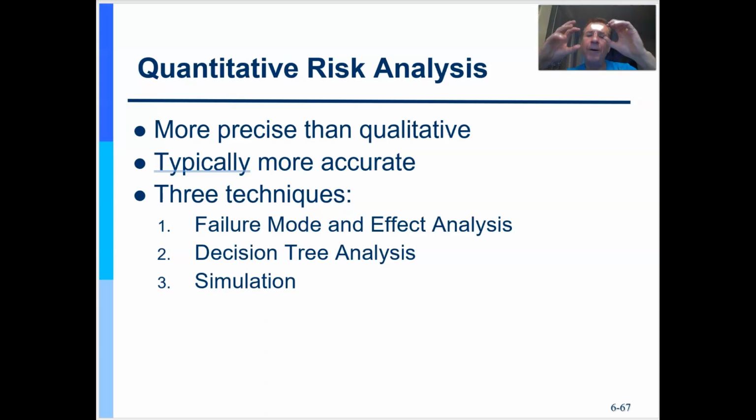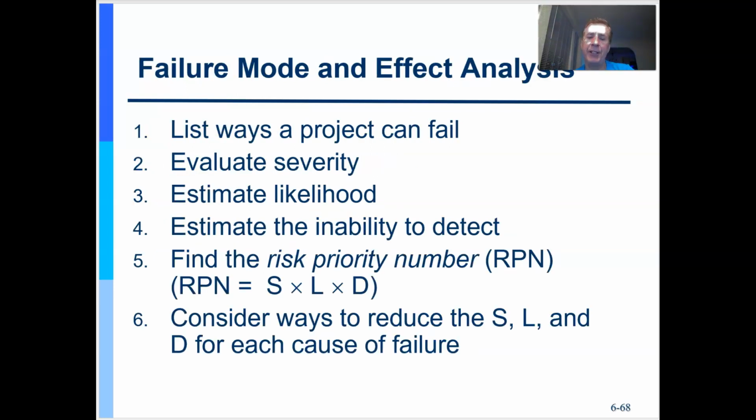But now, for those final heavy hitter risks, I want to do quantitative analysis, where I'm going to go out and get market research to support my decisions, traffic flows and other things that will help me really identify what contingency reserves, what money I need to set aside to manage these.